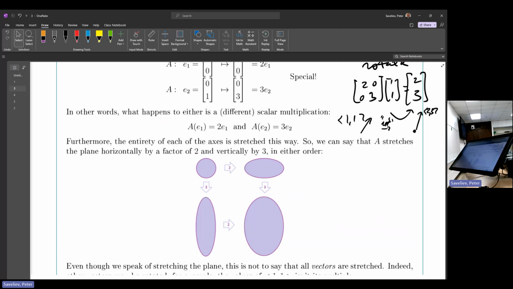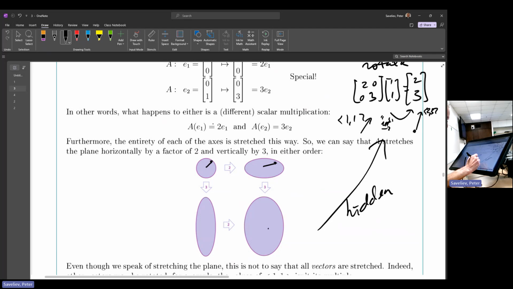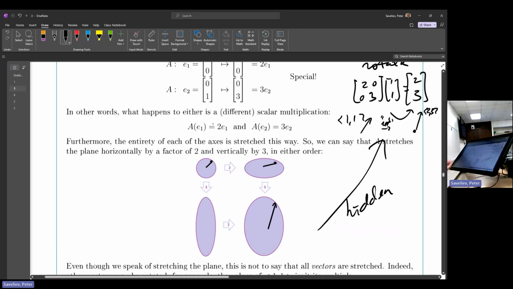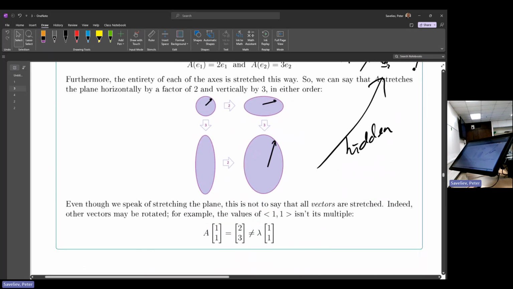But what is hidden here are the intermediate vectors. If I try to draw this vector, it becomes this one, and then possibly that one. That's what happened on the two transformations in a row. Just like I said, 2, 3 is not equal to any multiple of 1, 1.